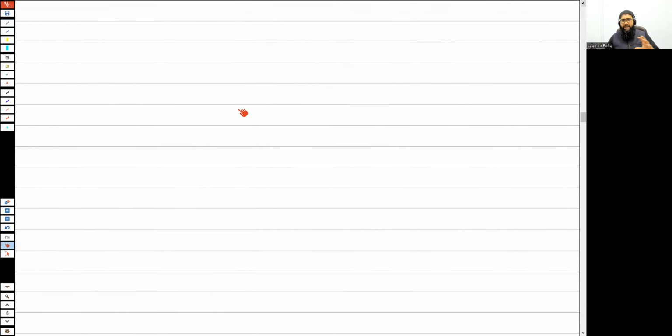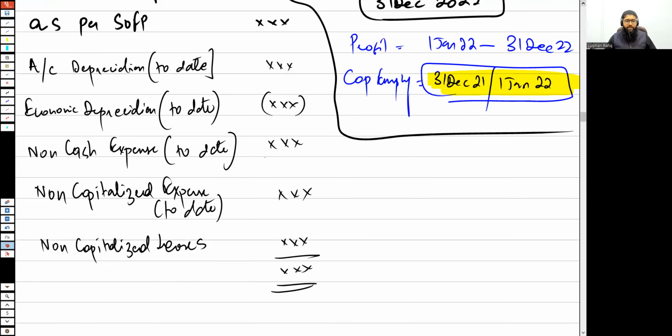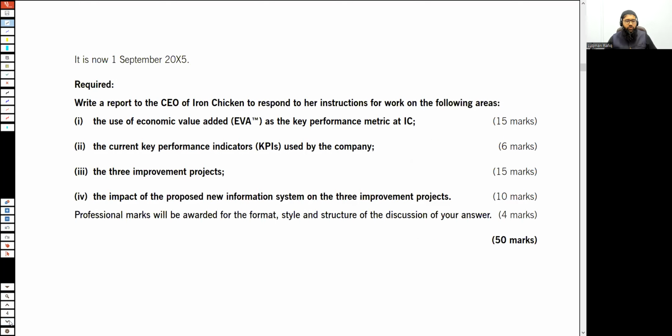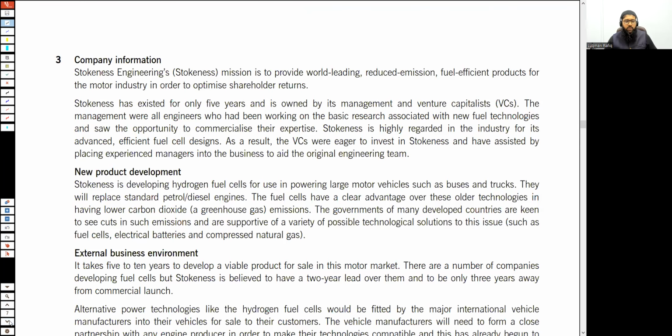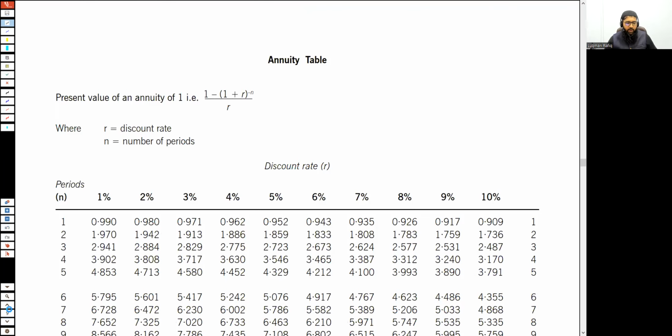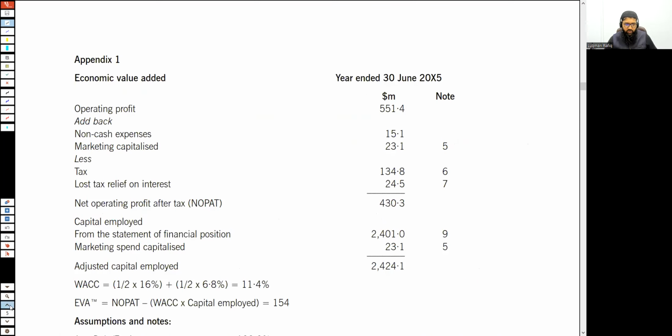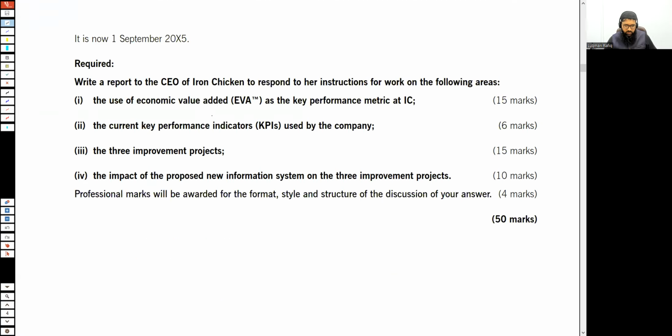So this is how the EVA is calculated. I'm going to demonstrate this EVA calculation through one of the past examination questions, so that you could have a good idea about how we do the EVA calculation. Let me just take it through.